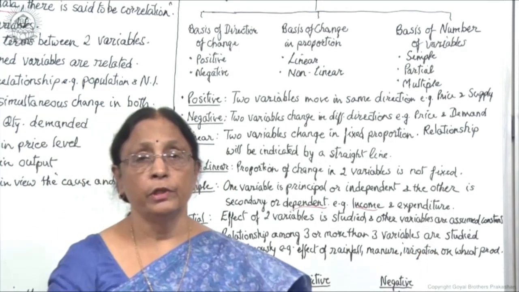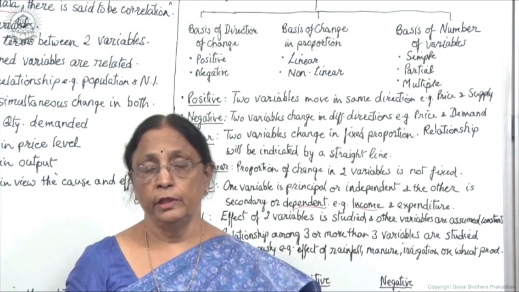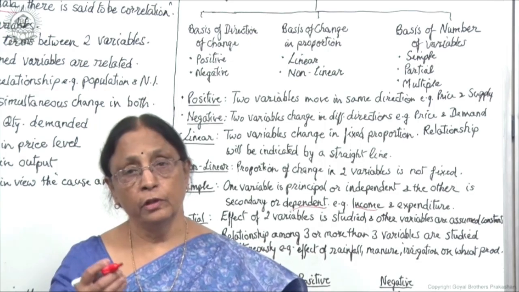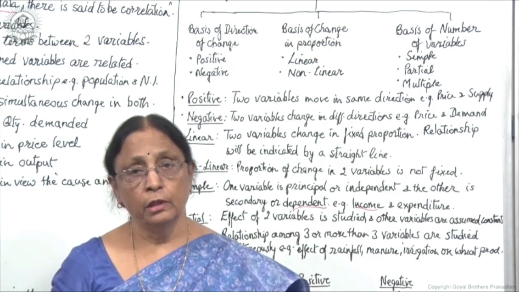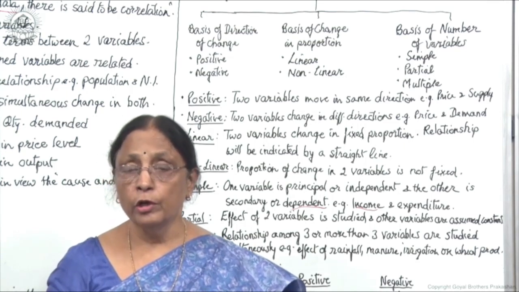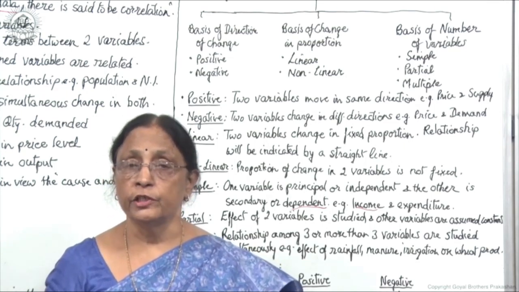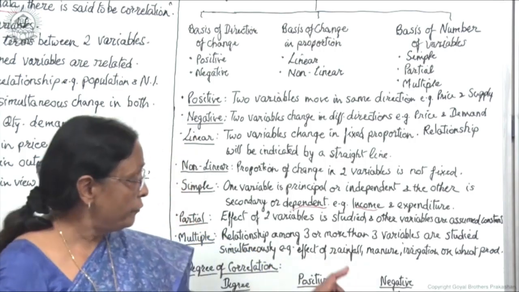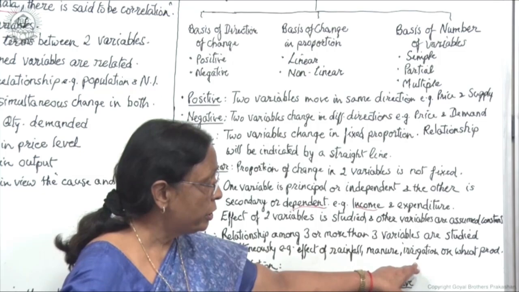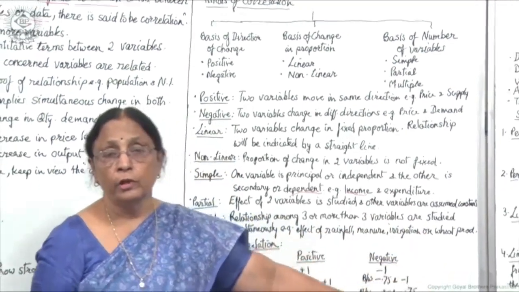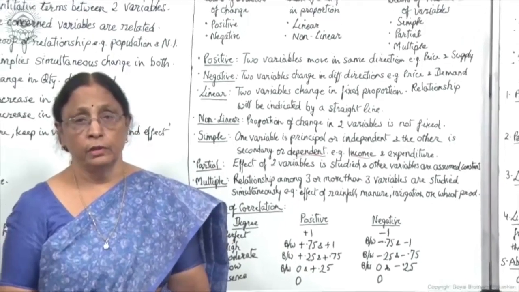When we are talking about wheat production in a particular year, we are talking about the effect of rainfall in that year, how much manure you have used, or the irrigation facilities provided to the farmers. All these factors are taken into consideration and then we see their relation to wheat production.